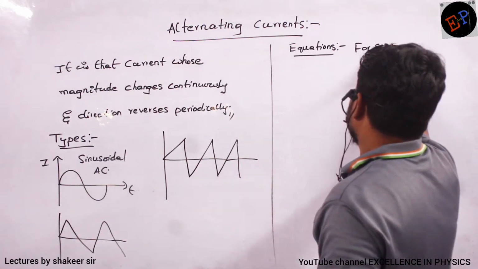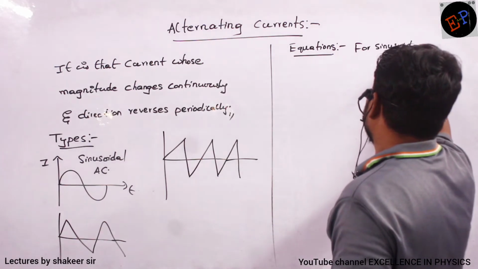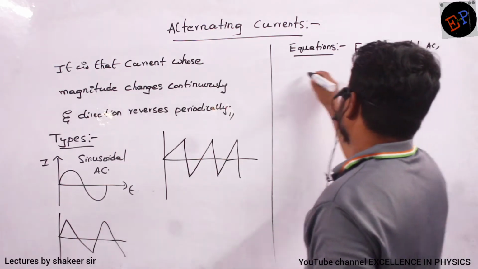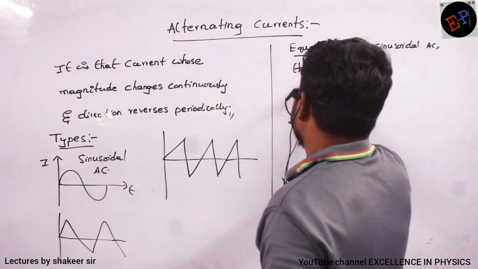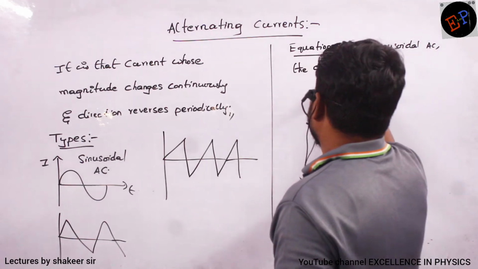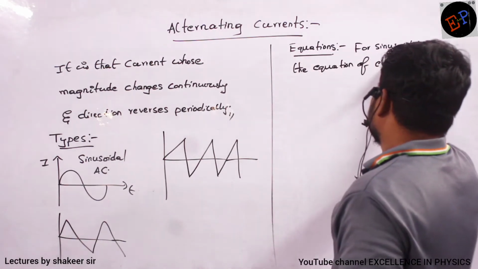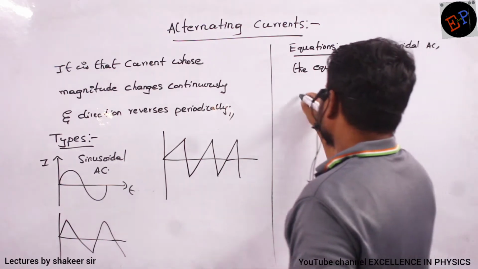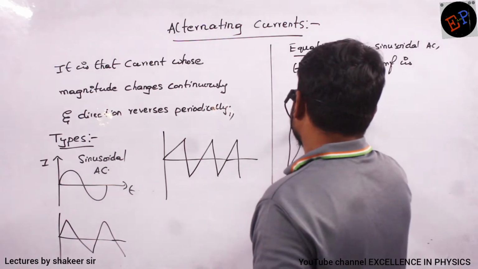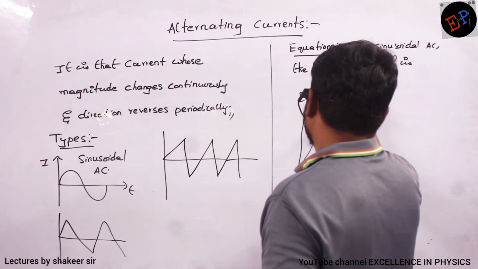For sinusoidal AC, the equation of EMF is E is equals to E naught sine omega t.